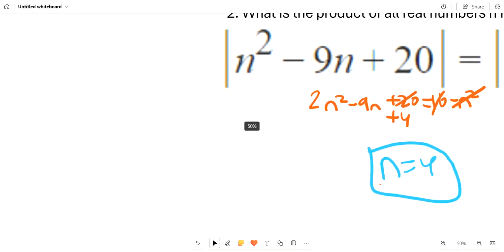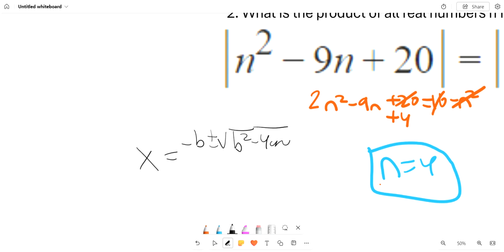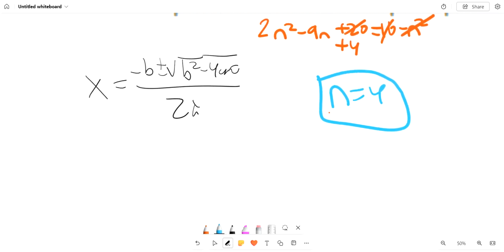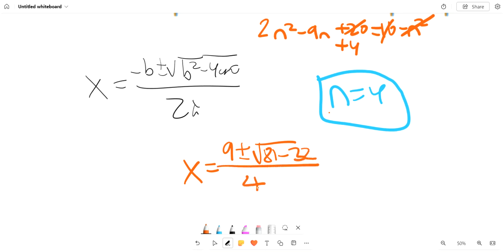So using the quadratic formula, which is x equals minus b plus minus the square root of b squared minus 4ac, over 2a, we can substitute this, so x equals 9 plus minus the square root of 81 minus 4 times 2 times 4, which is 32, over 4.